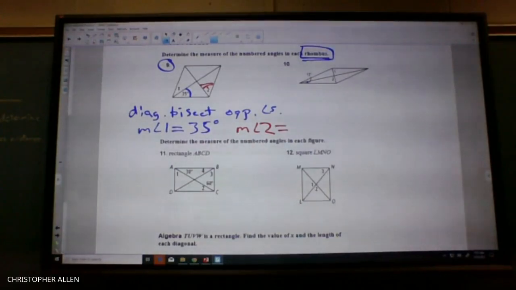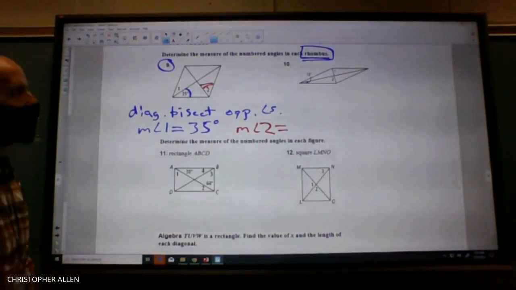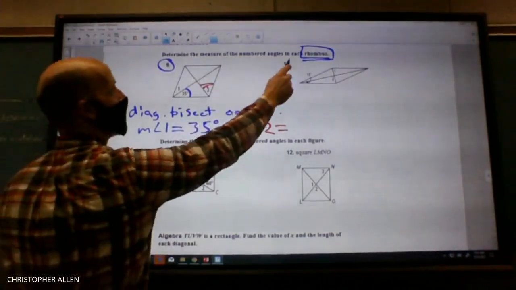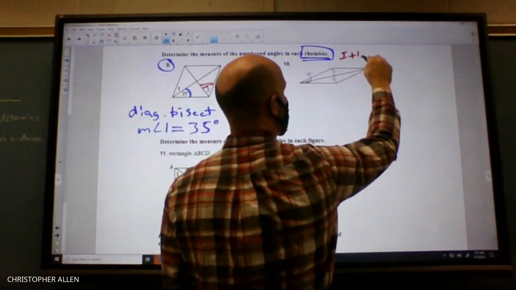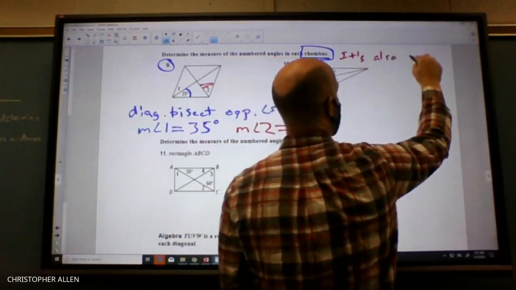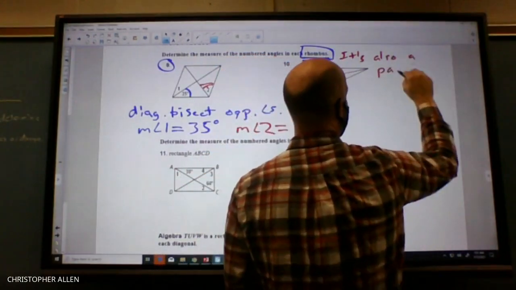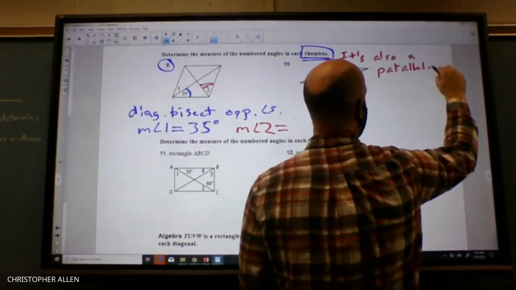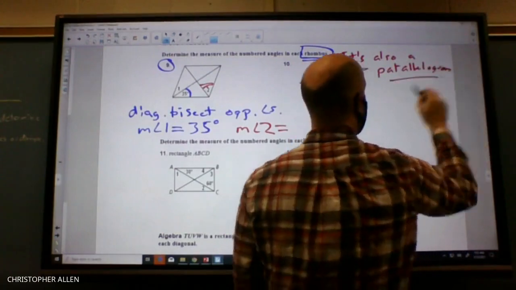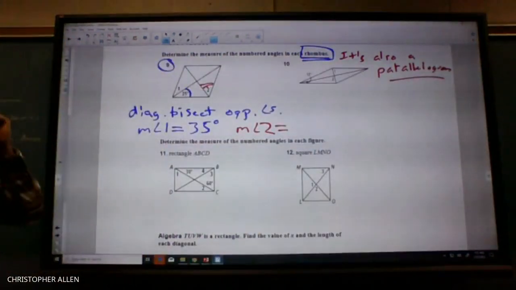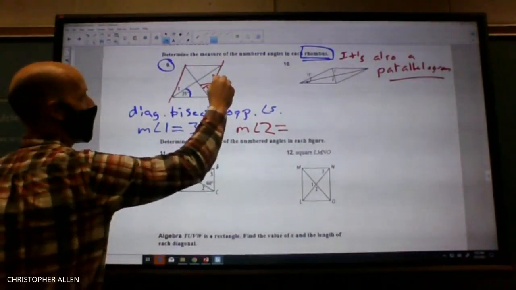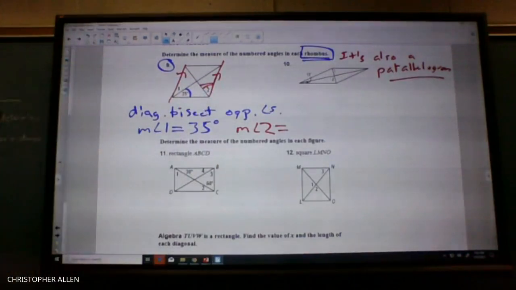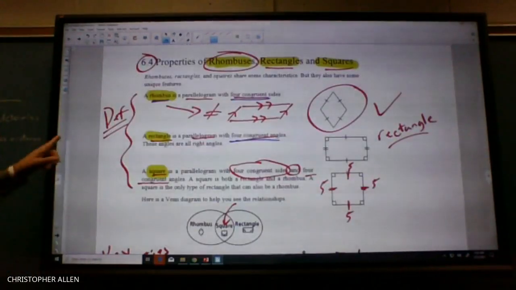Well, let me explain to you how we're going to do that. First of all, this is a rhombus, and since it's a rhombus, it's also a parallelogram, which means that this side and this side have to be parallel.